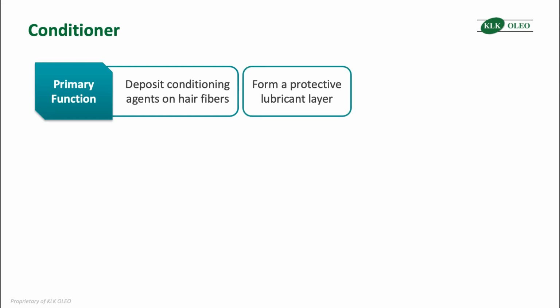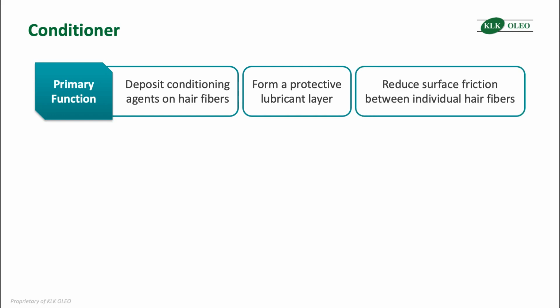After using a shampoo, we would normally use a conditioner. The primary function of a conditioner is to deposit conditioning agents on the hair fibers. The conditioning agents form a protective lubricant layer on top of the hair fibers, and this reduces the surface friction between the individual hair fibers.